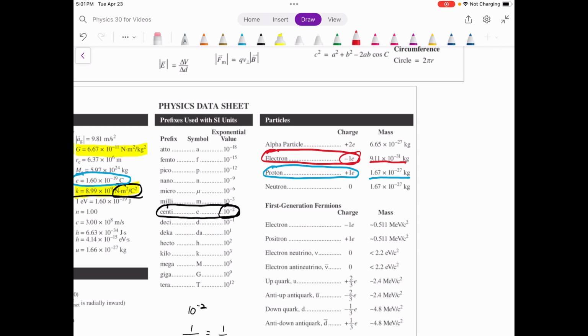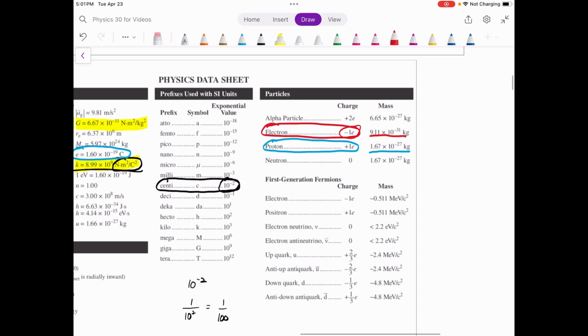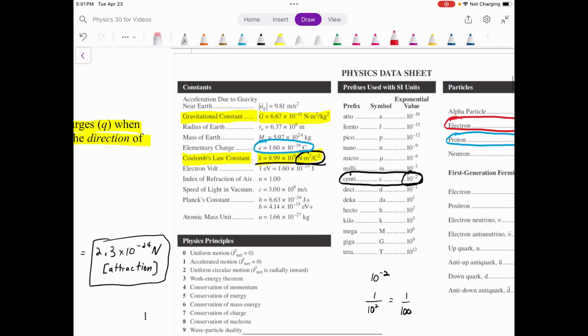So interestingly, they actually don't have the same masses. An electron is about 1,800 times smaller than a proton. Electrons are tiny. We'll get into why that is later in the course. Okay, so the electron has a mass of 9.11 times 10 to the negative 31 kilograms. The proton has a mass of 1.67 times 10 to the negative 27 kilograms.